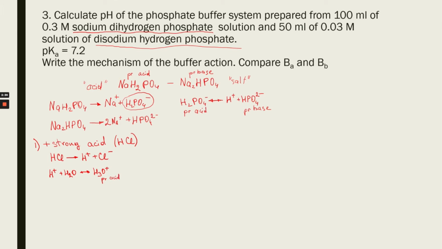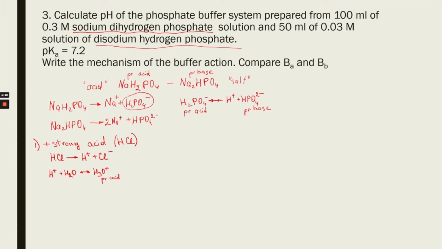So it will interact with a protolytic base in solution. Let's look here. What is the protolytic base here? That compound, disodium hydrogen phosphate, is the protolytic base. But disodium hydrogen phosphate exists in form of ions, so we will consider only hydrogen phosphate. Only that ion will interact with hydronium ion.